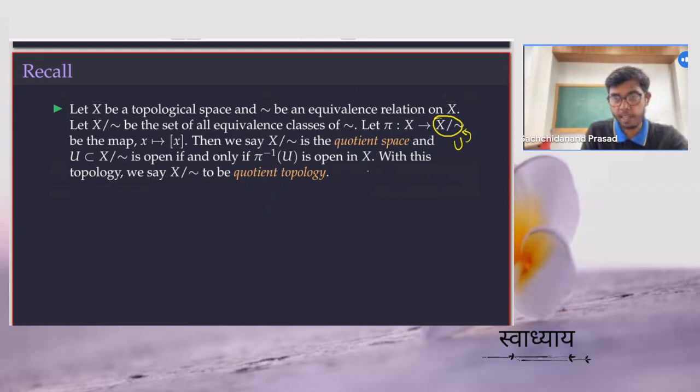So let us quickly see a proof of this. Last time we discussed it, but we were in a hurry. So let's quickly see a proof.